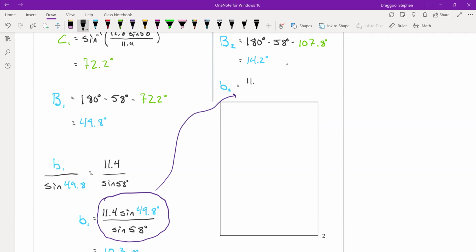I'm looking at 11.4 times the sine of angle B divided by the sine of 58 degrees. But this time, the measure of angle B is 14.2 instead of 49.8. So I'll just swap in the new angle B and plug it into a calculator. I got 3.3 meters.